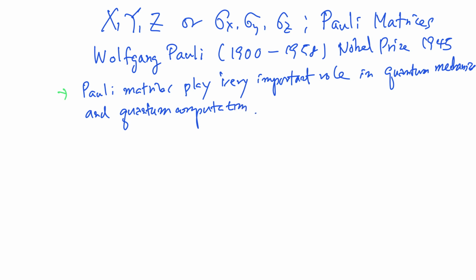For example, maybe let's try some side tricks. We say 0, 1 is a bit, right? In digital ICT.